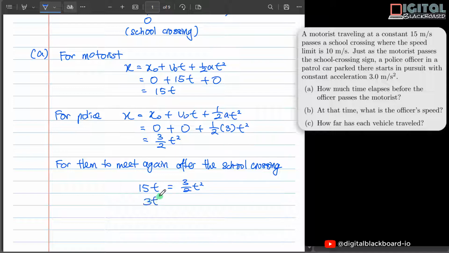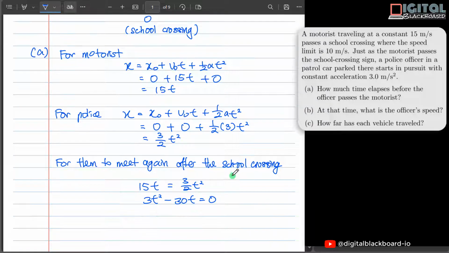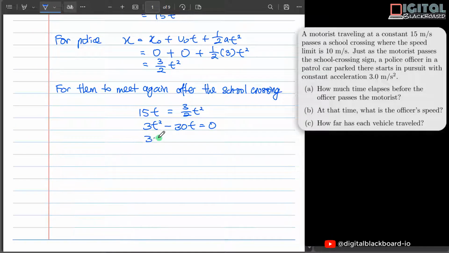So that 3t squared minus 30t is equal to 0. 3t times t minus 10. So we obtain 2 answers, either t equal to 0 seconds or t equal to 10 seconds.